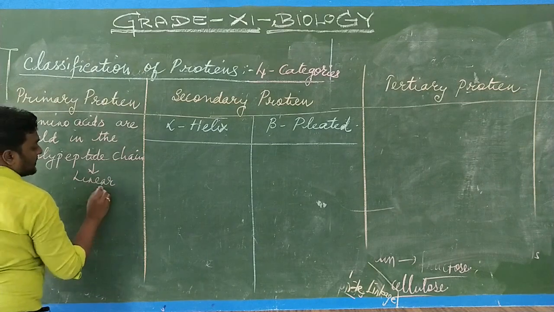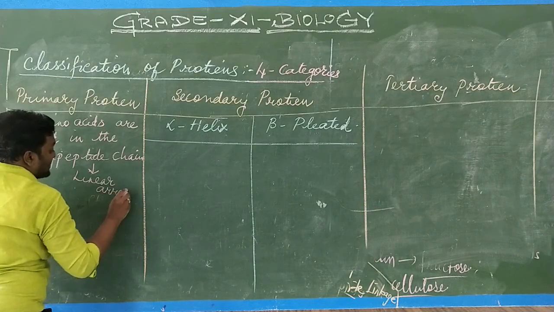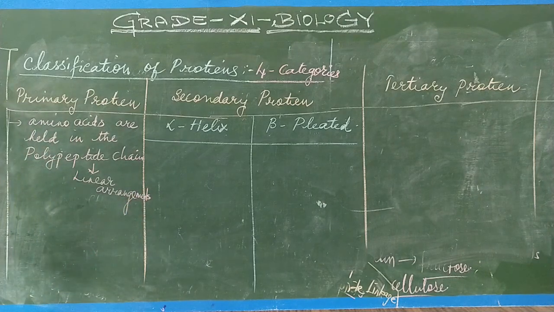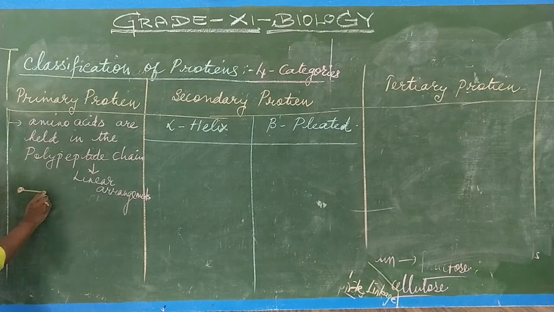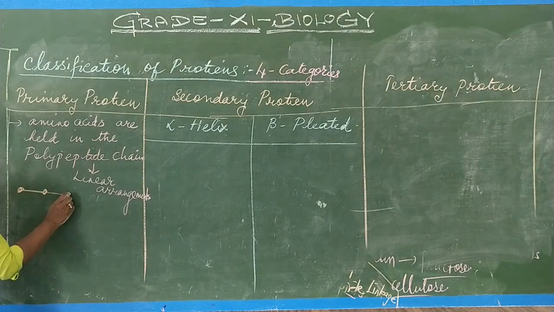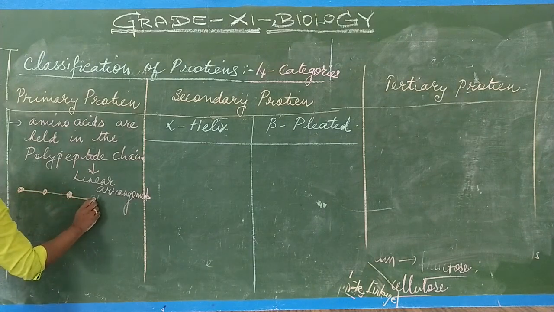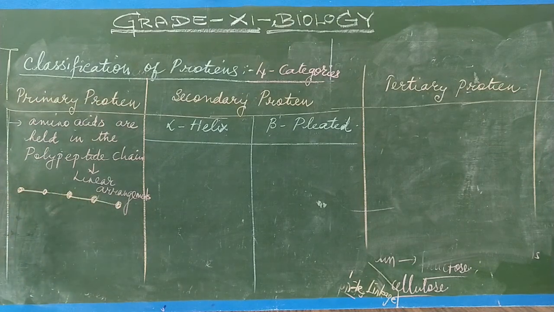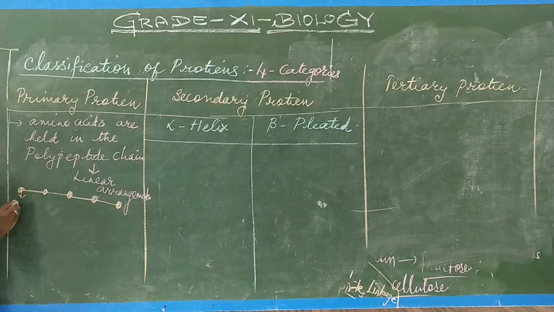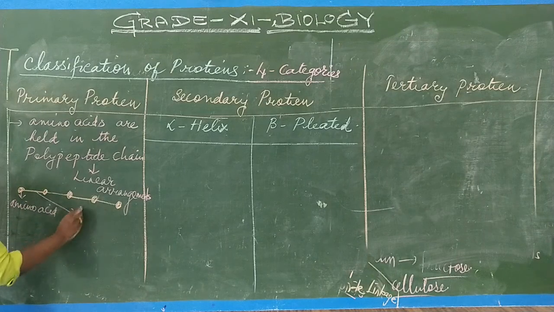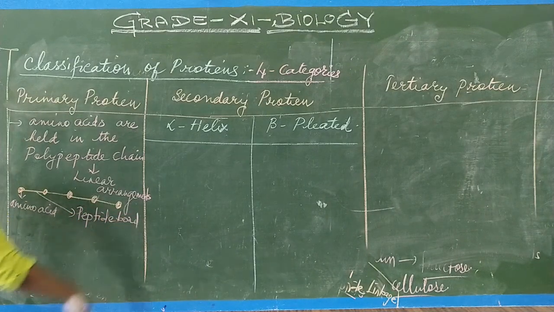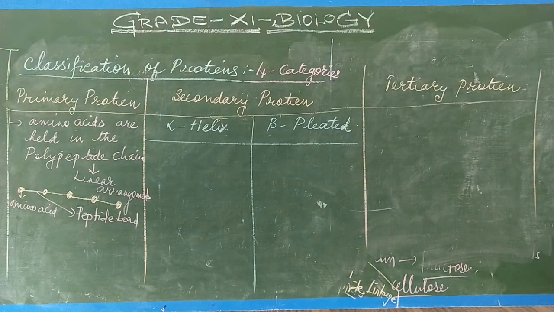In the linear arrangement, one amino acid, peptide bond, another amino acid, peptide bond, another amino acid, and so on. These amino acids are held together by means of the peptide bond.